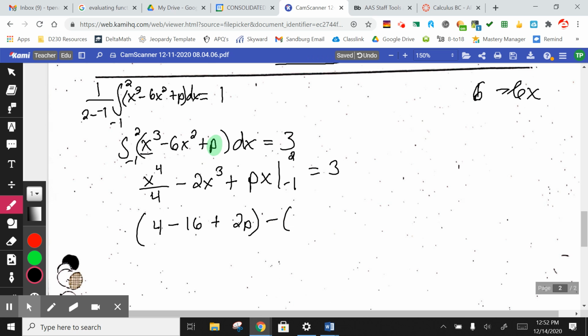A negative 1 to the 4th power would be a positive 1, so we get 1/4. A negative 1 cubed would be a negative 1 times a negative 2, so this should become a positive 2. And then minus, let this x be a negative 1, we get a negative p. And then all of that equals 3.